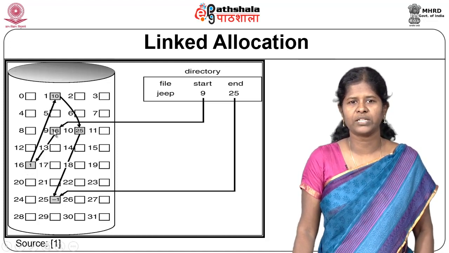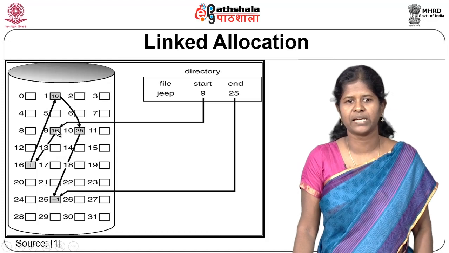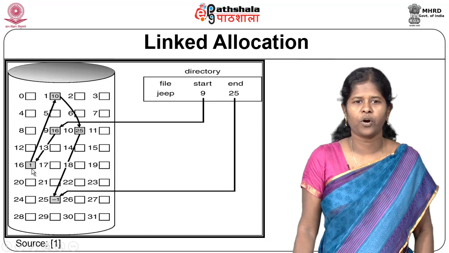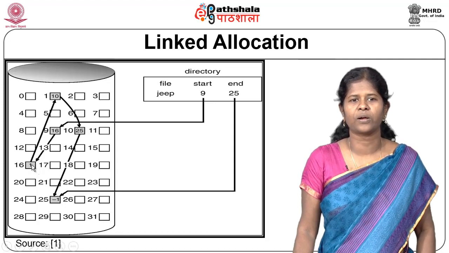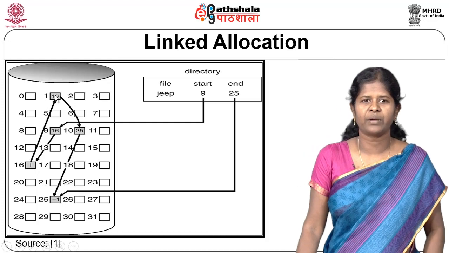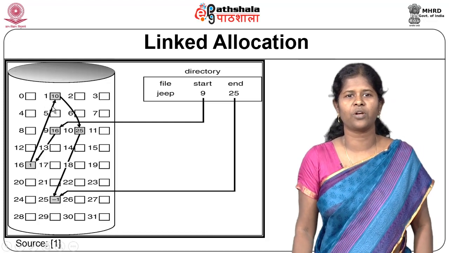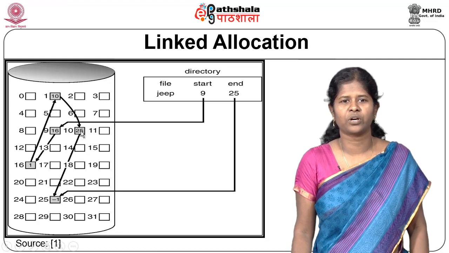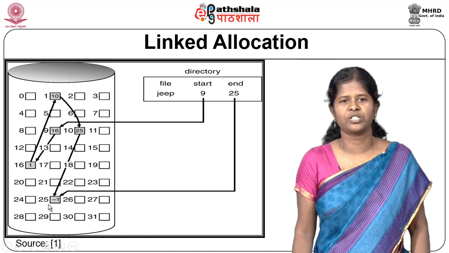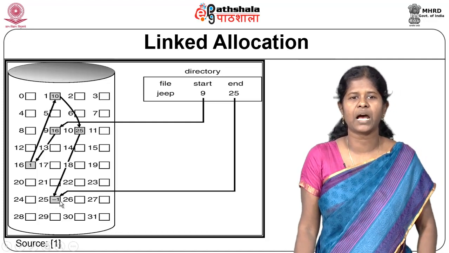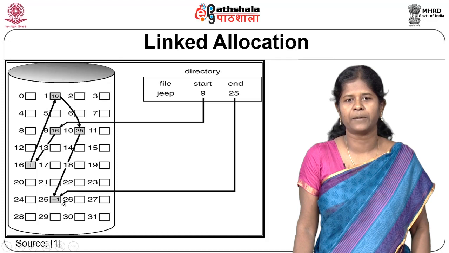So, the pointer says that it is disk block number 16, and disk block number 16 has the pointer or the address of the next disk block, which says that 1 is the next disk block, and then from there you have a pointer to disk block number 10, and 10 has a pointer to disk block number 25. Disk block number 25 has a pointer which says -1, which means that that is the last disk block that is allocated to this file.